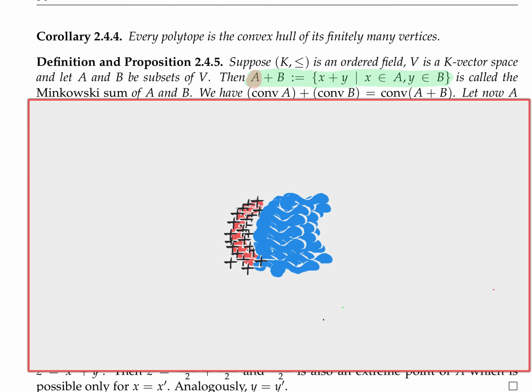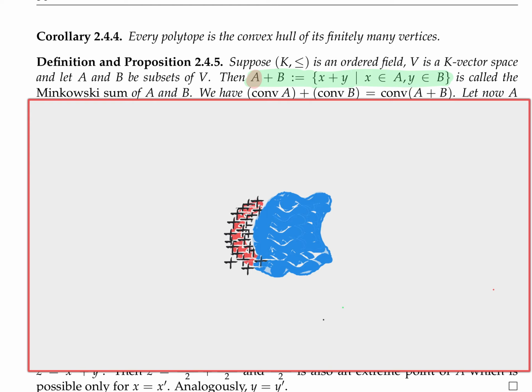I don't know exactly how it will really look now, but something like this. Okay, so that's a nice exercise in drawing. You should fill the white space here, and so on.